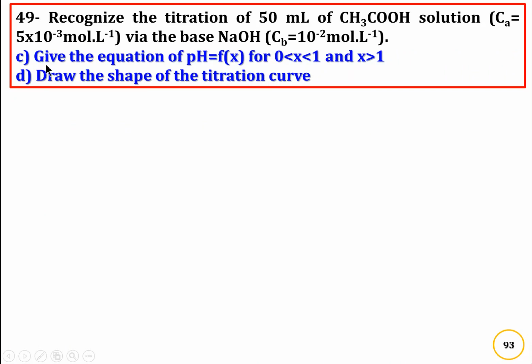In this exercise, part C, give the equation of the pH as a function of x for x between 0 and 1 and for x greater than 1. For x between 0 and 1, we are before the equivalence.